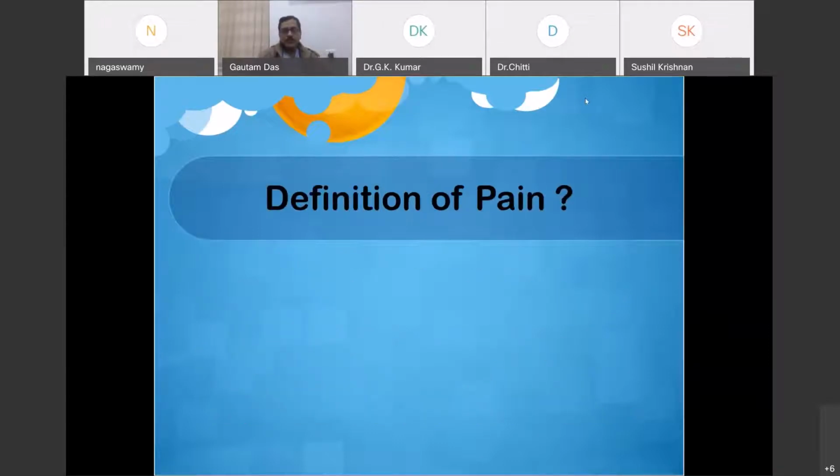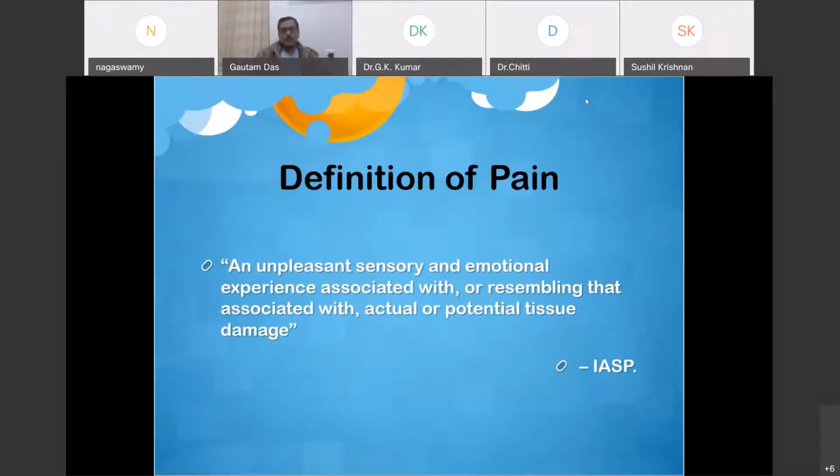So let us start with the definition of pain. Who, from these DNB students, can define it? Do you remember the recent changes in the IASP's definition? Earlier, the definition was that pain is an unpleasant sensory and emotional experience associated with actual or potential tissue damage or described in terms of such damage.